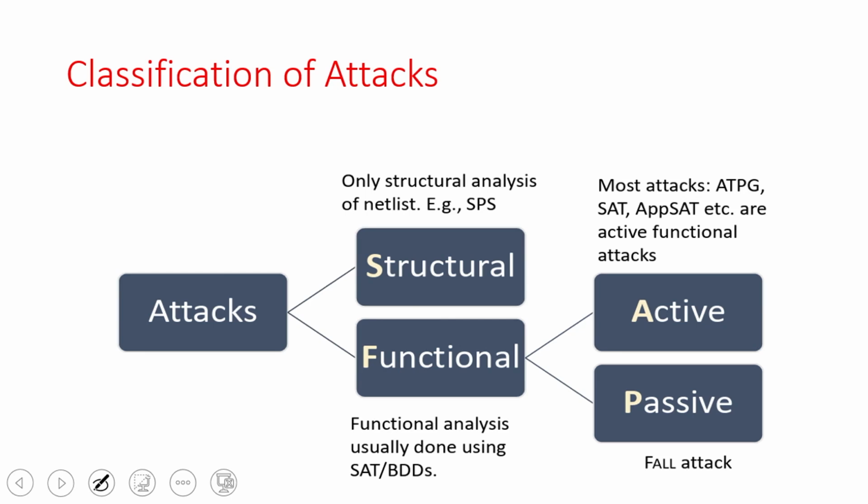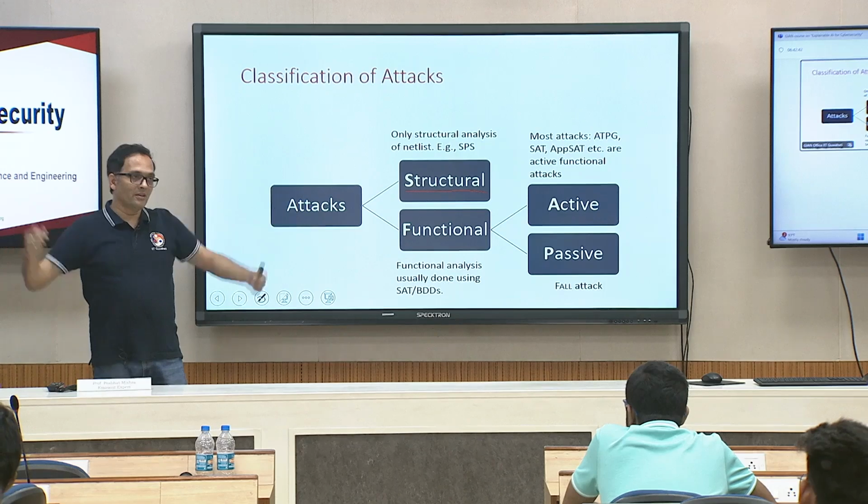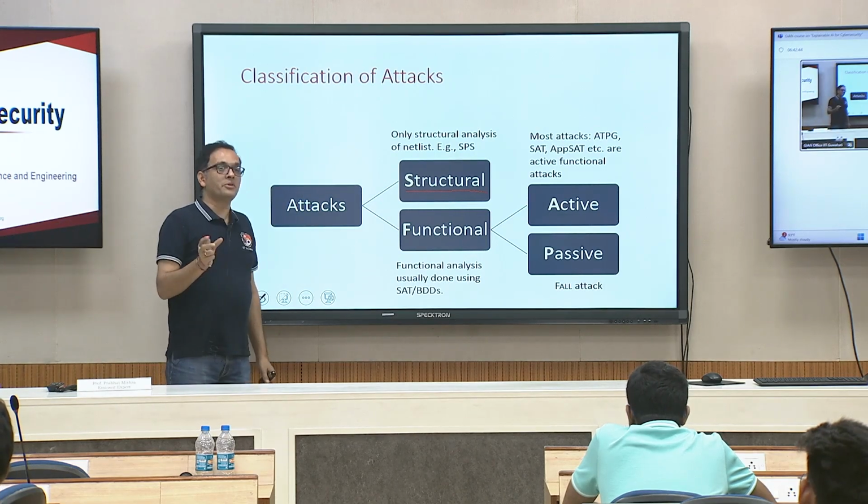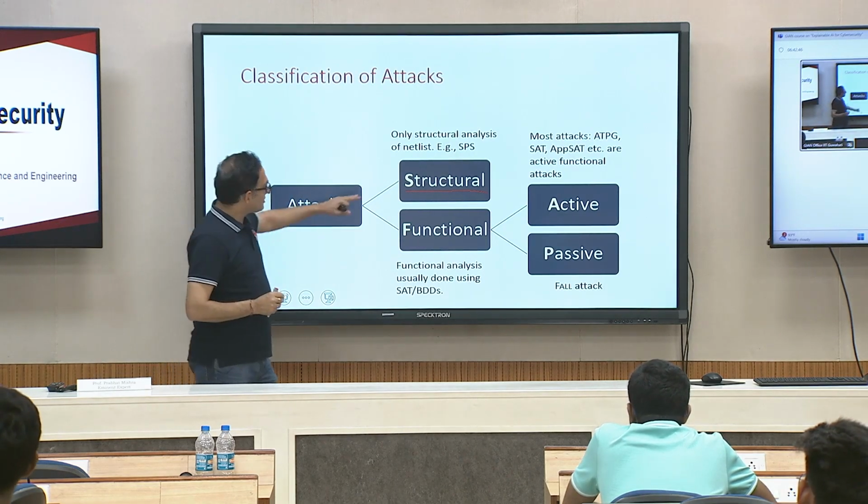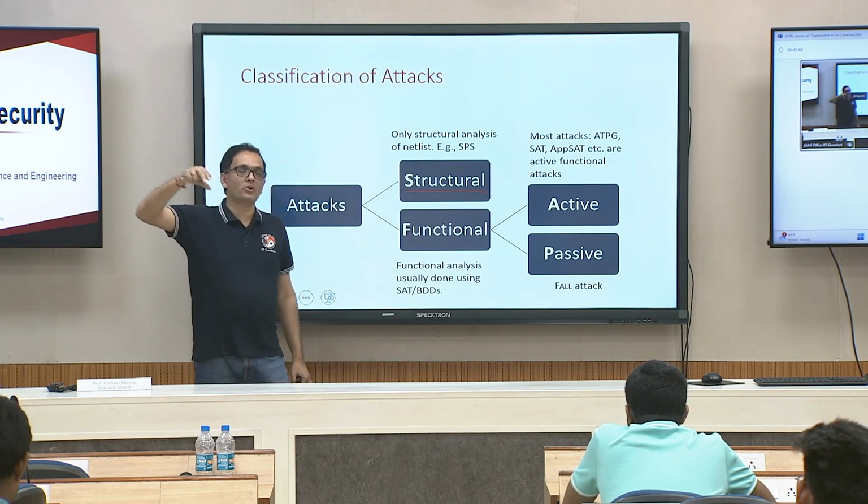Okay. So, if you classify them, one is the structural attack, which is basically, once you apply these XNOR and XOR gates and you do the bubble pushing, they actually make a small modification locally, it is not the entire circuit, right, and the possible changes are limited. So, the structural attack tries to see what the possible changes are, right.